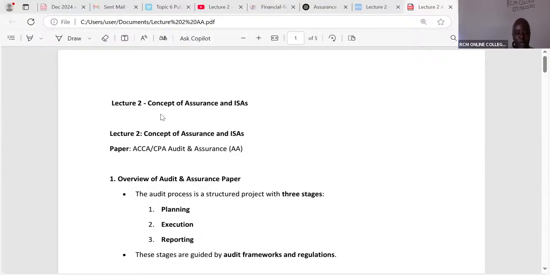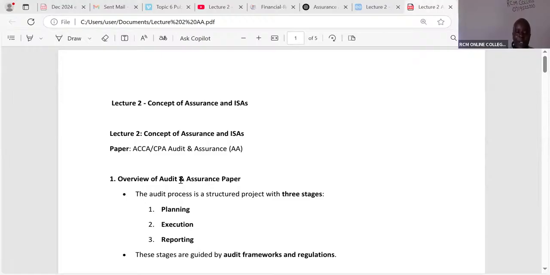So lecture 2, we are looking at concept of assurance and ISAs. All right? So remember, ISA stands for International Standards on Auditing. These are the standards that we use while carrying out our audit exercise. Remember, lesson number 1 introduced the paper audit and assurance, and I told you that audit and assurance is just like any project.